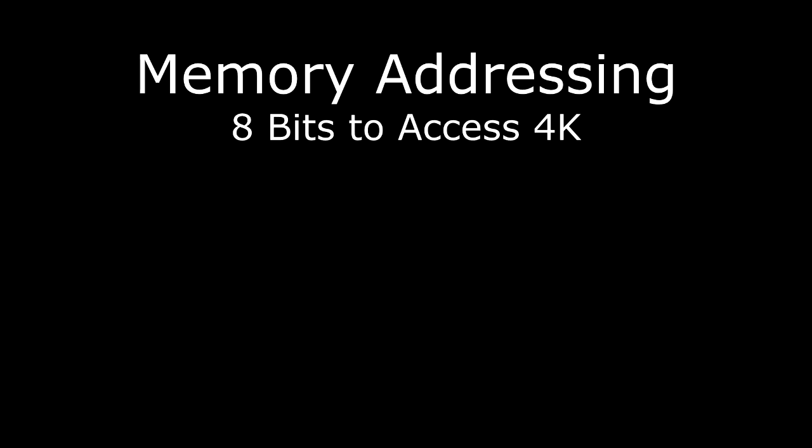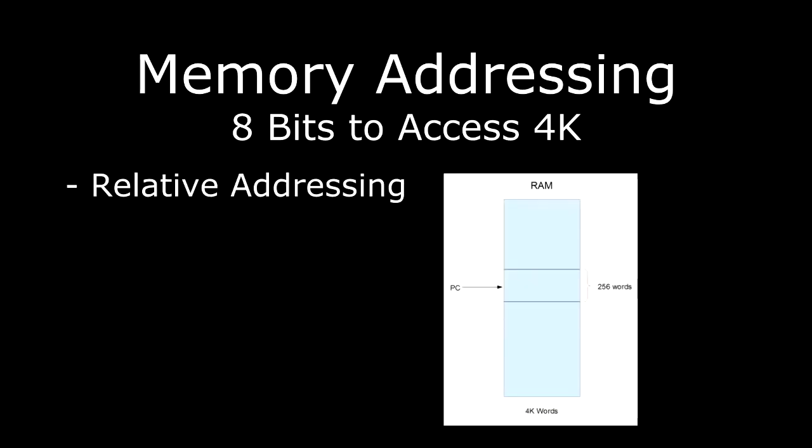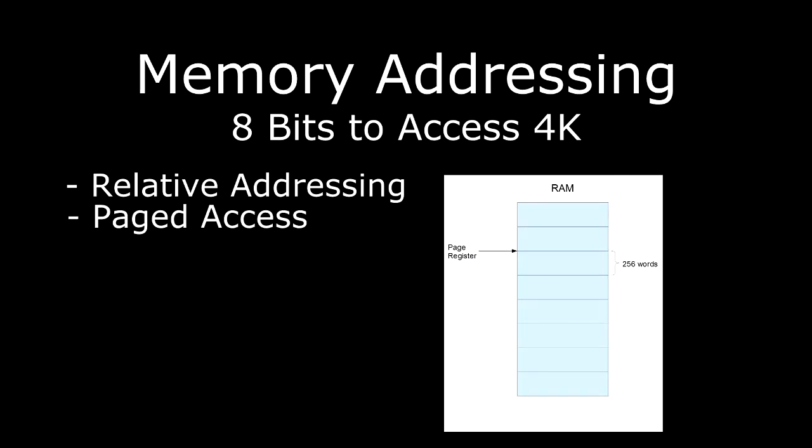First, we could make all addresses relative. That would give us a 256-word window in which to address memory, but that makes it hard to access outside of that window. We could use a paged approach, where we have a page register, which specifies a 256-word block of memory. Then we need a way to set the page register, and any access to memory would be relative to that page register.